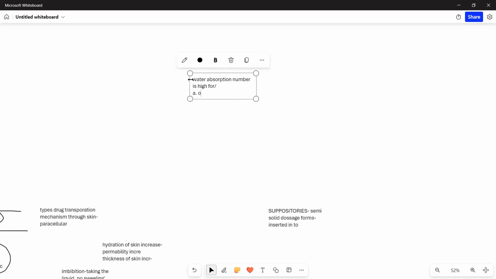A, oleogenous base; B, absorption base; C, water miscible base; D, water soluble base. Which of the following ointment bases would have the highest water absorption number?